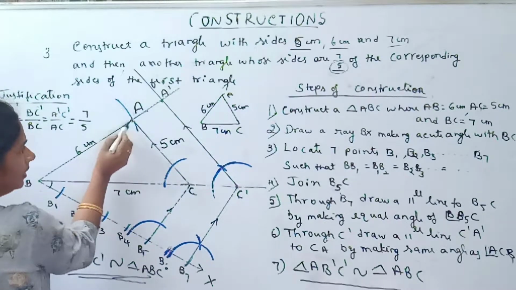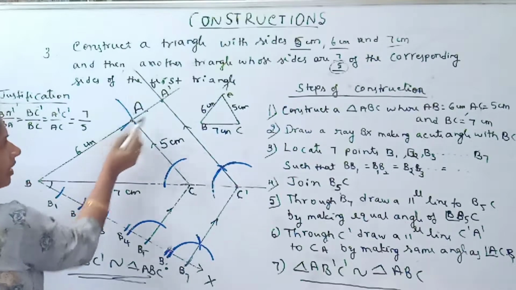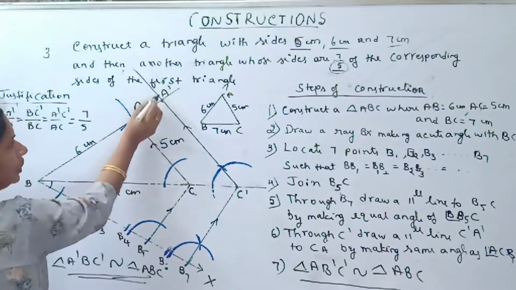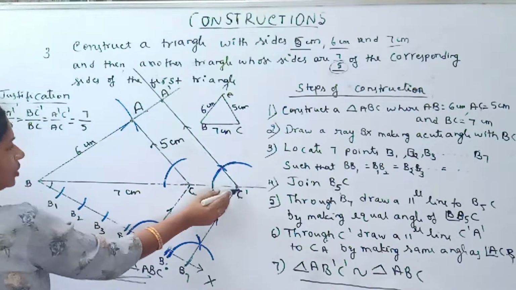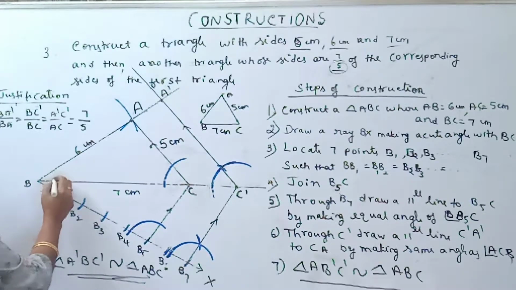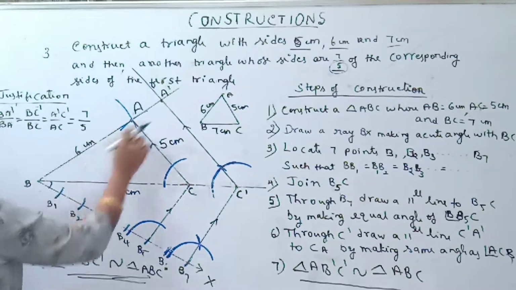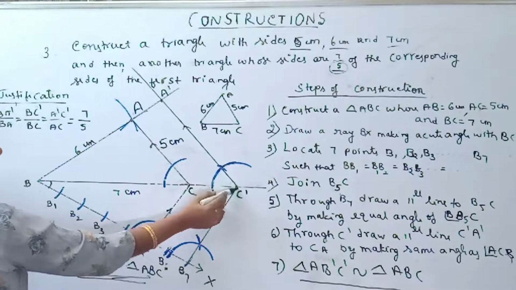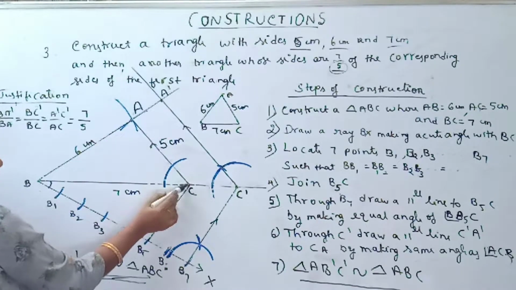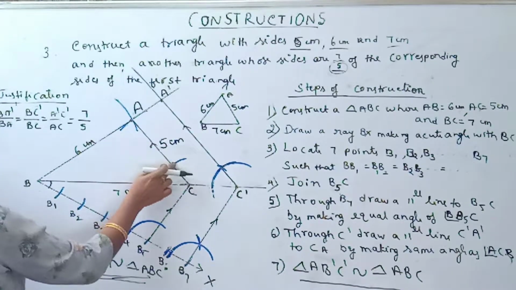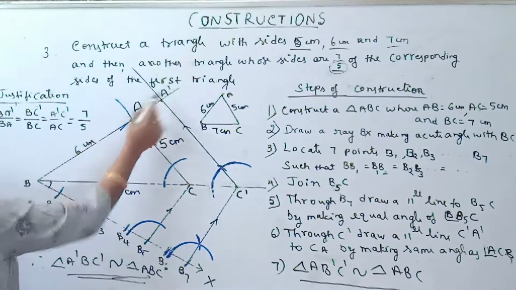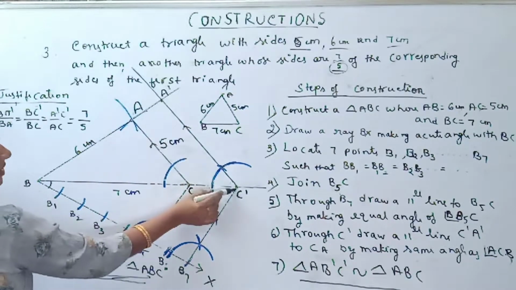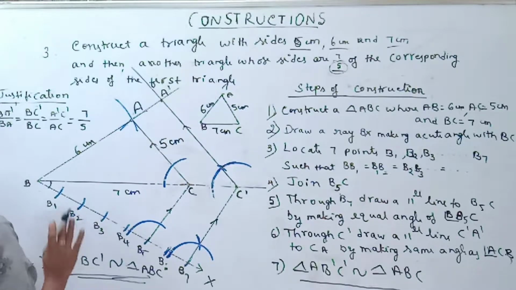Angle A equal to A dash, they are corresponding angles because AC is parallel to line A dash C dash and angle B equal to angle B, common angle. So you can write by AA similarity criteria, triangle BA dash C dash is similar to triangle BAC. If they are similar, then corresponding sides are proportion. BA dash by BA equal to BC dash by BC equal to A dash C dash by AC. You can call that equation 1.